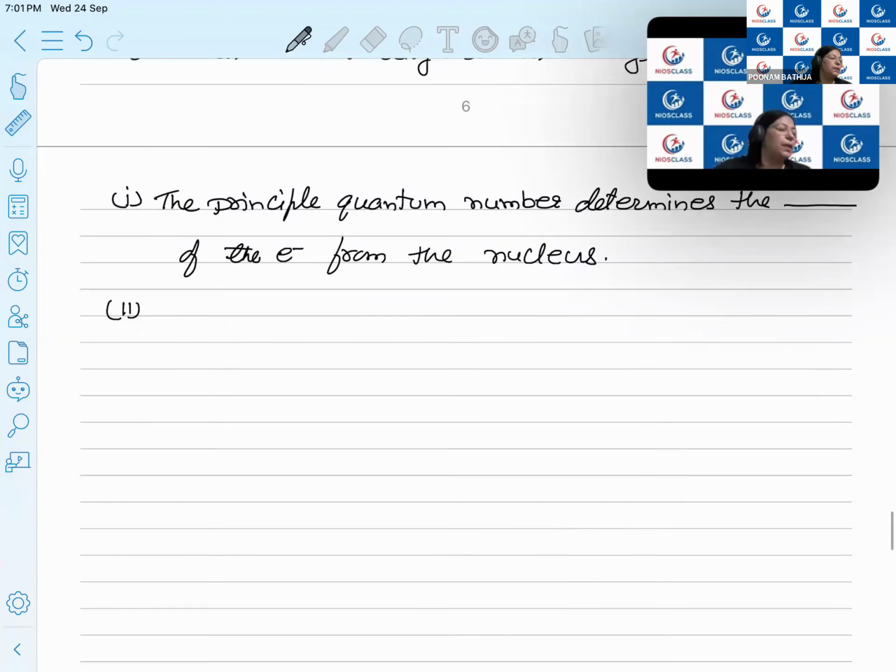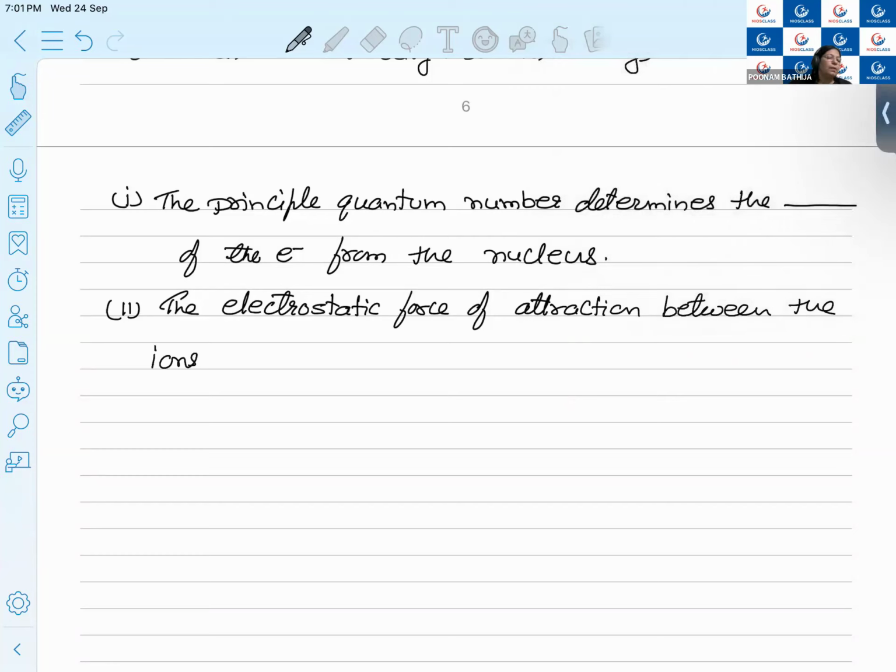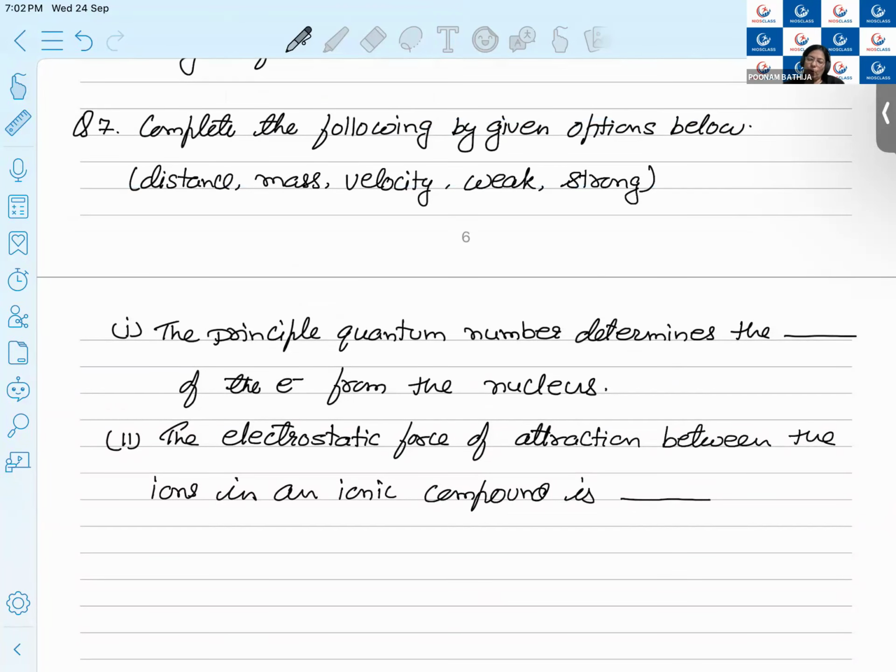And the second statement: the electrostatic force of attraction between the ions in an ionic compound is again blank.